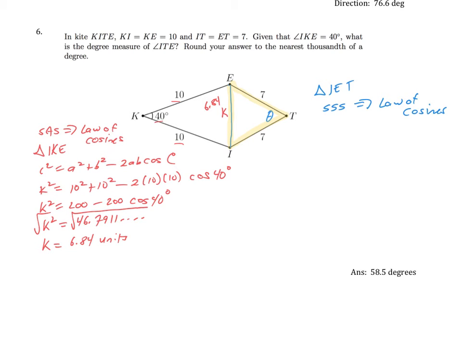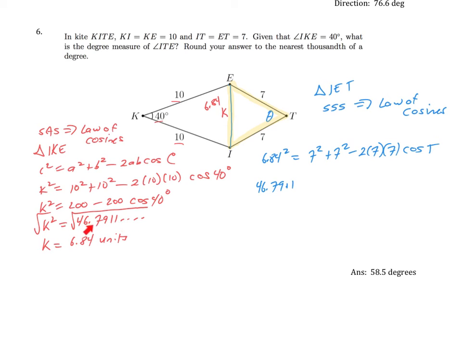So we're going to have 6.84 squared is equal to 7 squared plus 7 squared minus 2 times 7 times 7 cosine of t. And if we put things in our calculator, the left side becomes 46.7911. That's the value that we had over here, right?